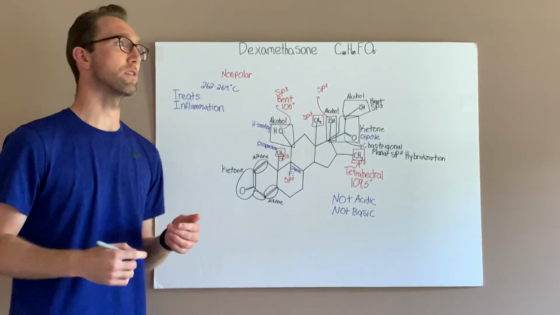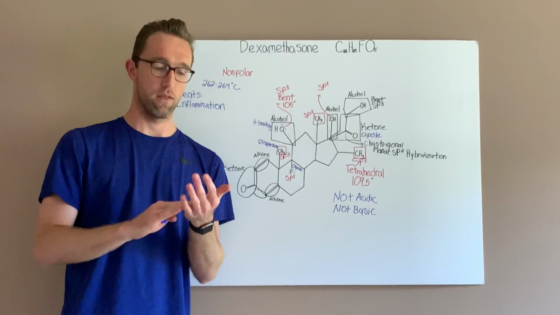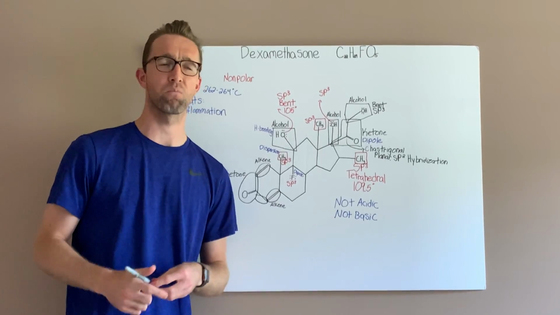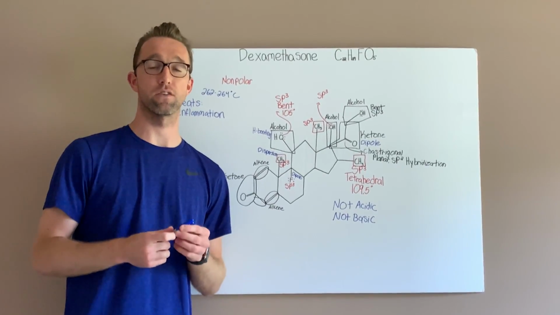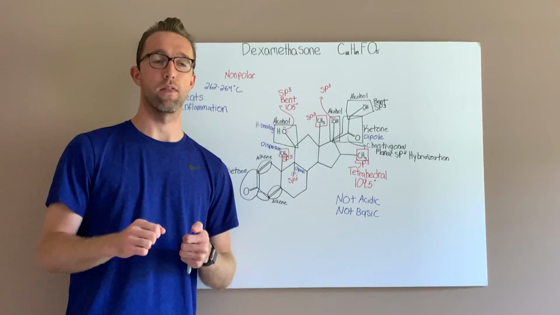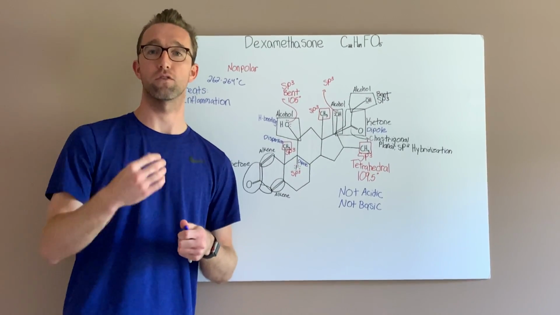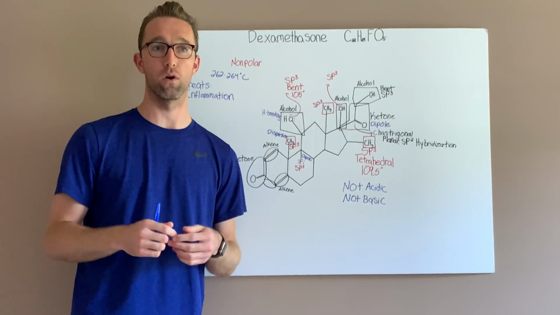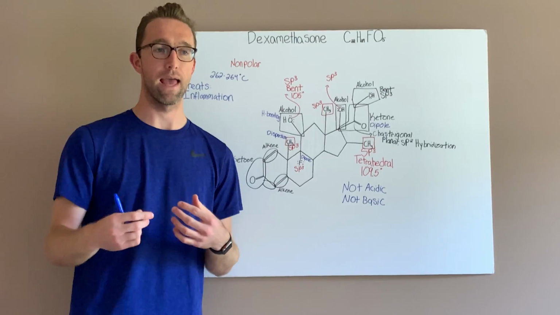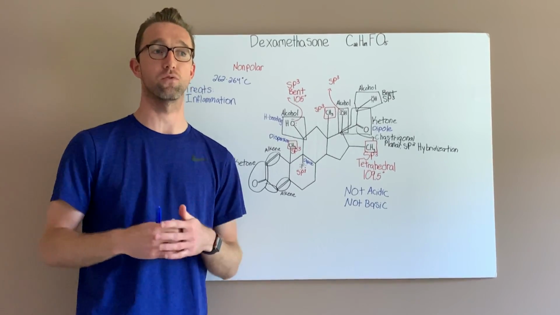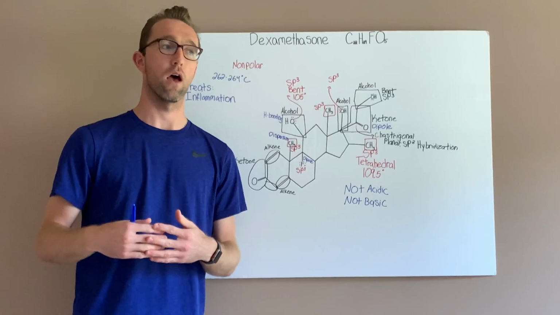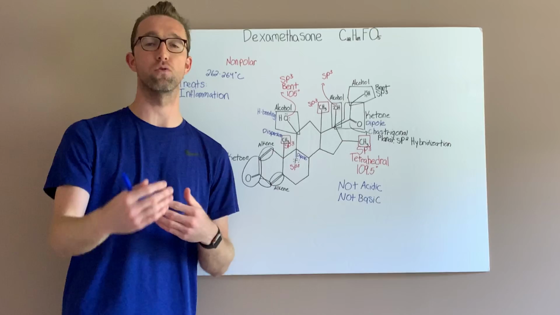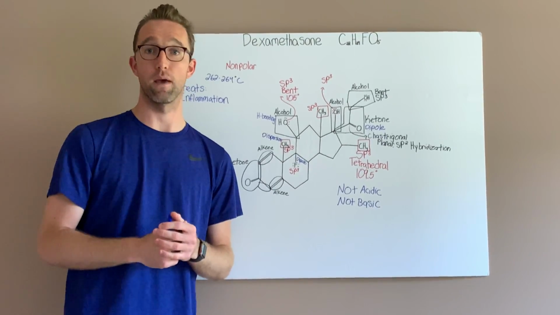Iontophoresis is a patch that has dexamethasone on it, and that patch is placed on the skin of the patient, and then there's an iontophoresis machine that sends electrical currents through the patch, and these electrical currents open up the microscopic pores on the skin of the patient, and this allows for the dexamethasone to enter through the skin and to go into the tissues and to help reduce swelling and inflammation of that patient's tissues on the targeted area.